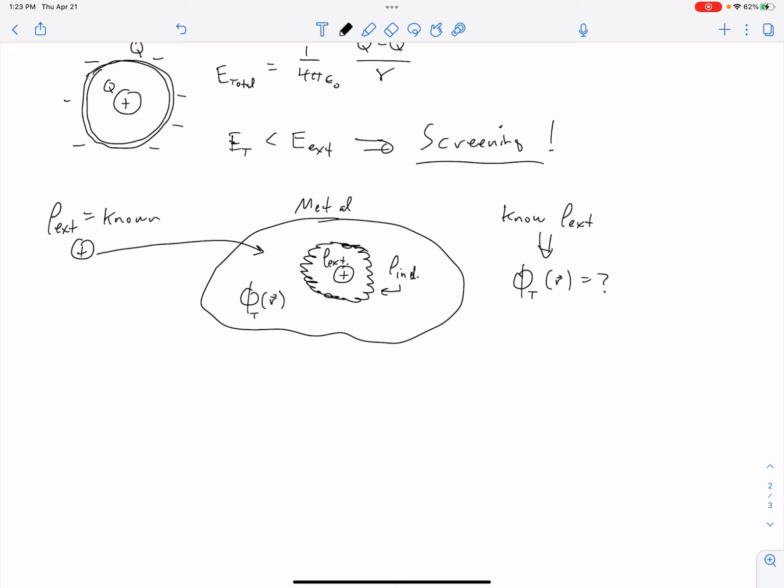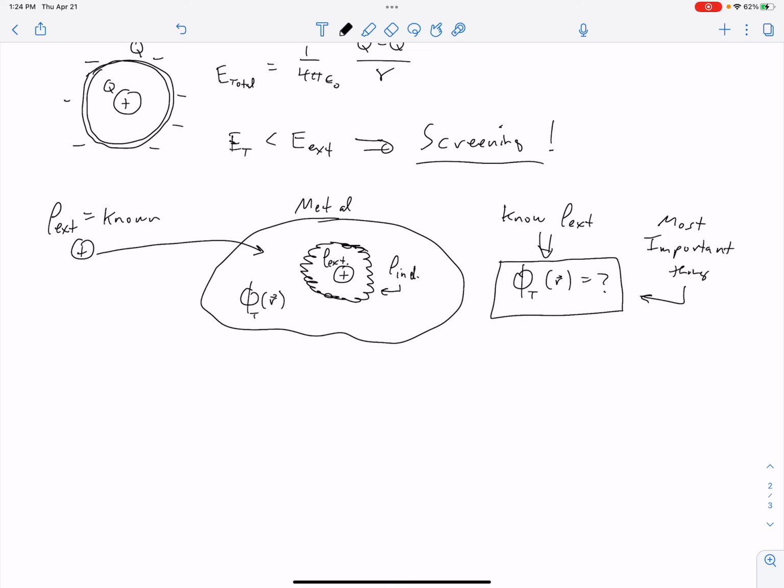So we take the external charge, we shove it into the metal, some screening happens, and we want to know what the total potential is, because this is the most important thing. The most important thing is the final potential, because the final potential tells us what's going to happen if we put another electron there, or what's going to happen to the electrons inside. We want to know what that total potential is.